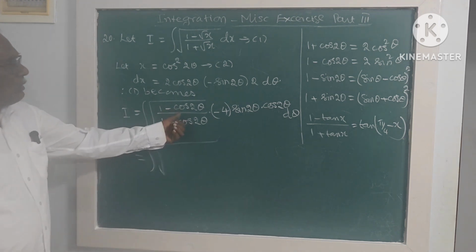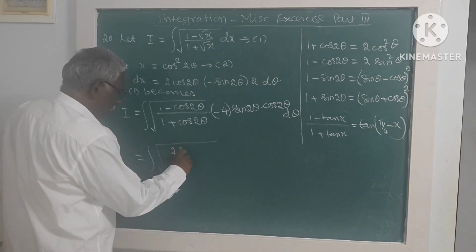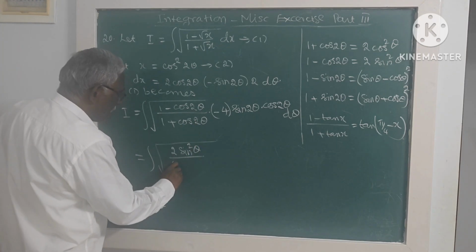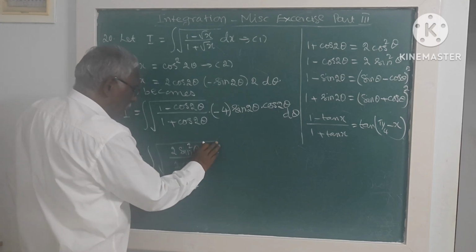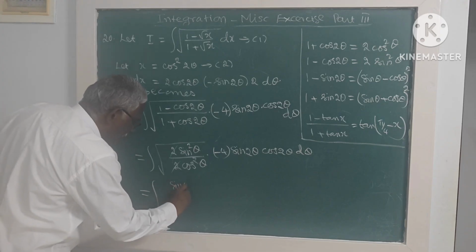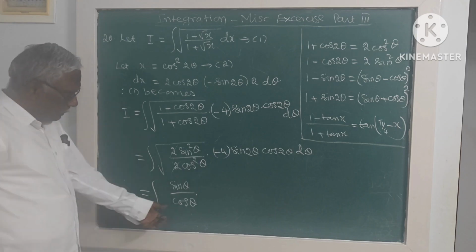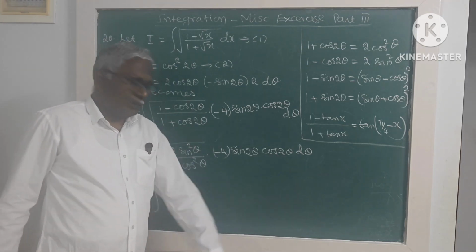So 1 minus cos 2 theta is 2 sin square theta. One plus cos 2 theta is 2 cos square theta. So we get sin theta by cos theta. I want to cancel. Denominator cos theta is there. Whether any cos theta is here, we have to see.